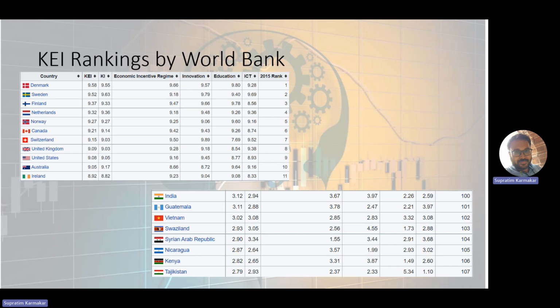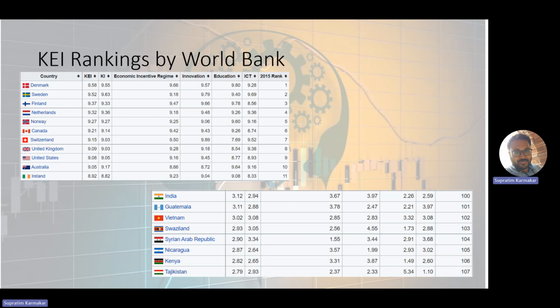If we can implement the policies of the knowledge economy, that will reduce poverty and the problem of unemployment. India has this kind of problems, these economic hindrances.